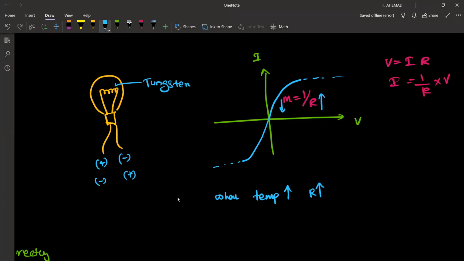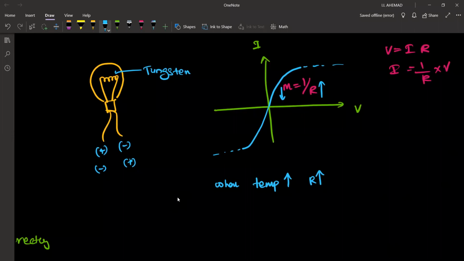What can you tell about this graph? Is this ohmic or non-ohmic? So this is non-ohmic. Sarah, here the graph is going through the origin, but is V proportional to I?